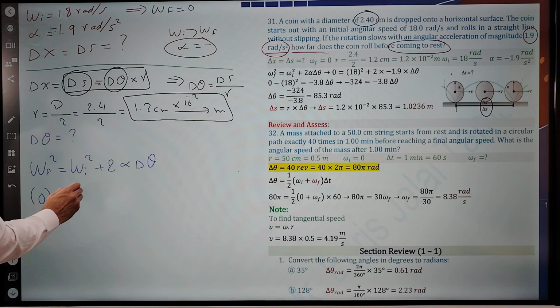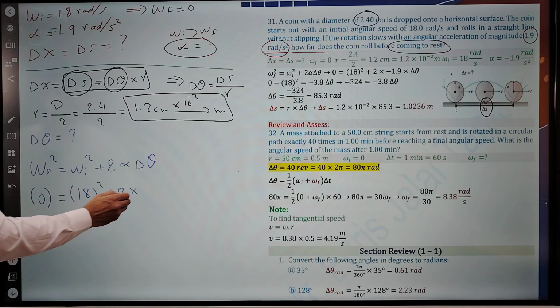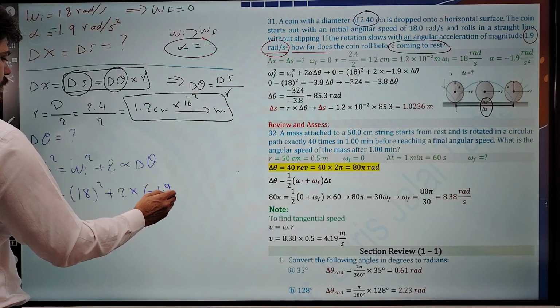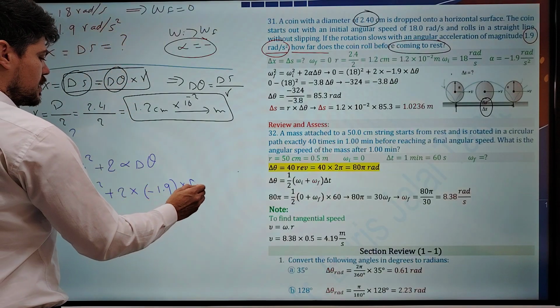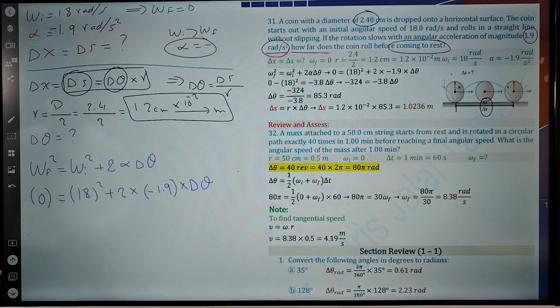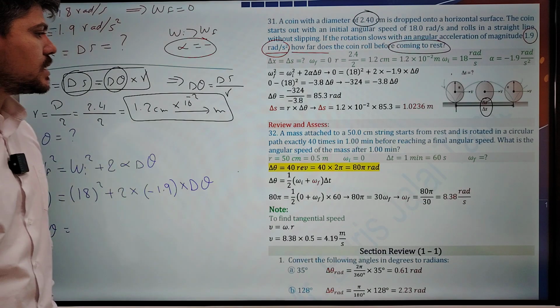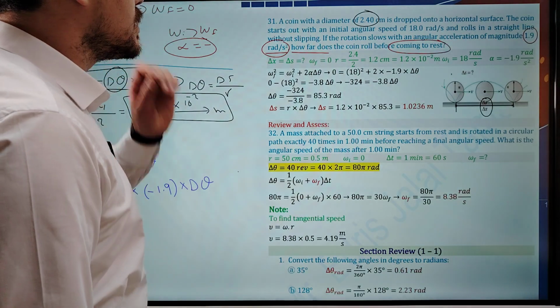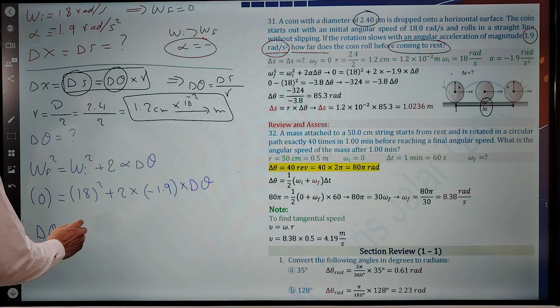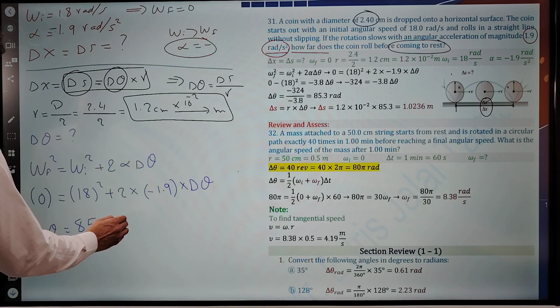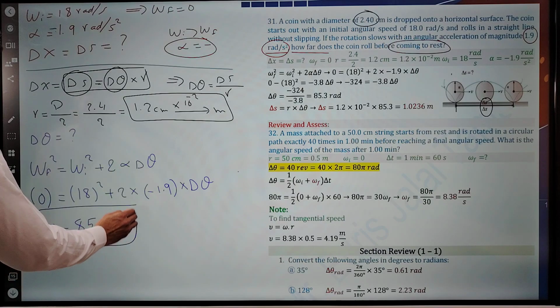Omega initial is 18 squared, plus 2 times alpha, which was given as negative 1.9. Why negative? Because slowing down. Times delta theta, which is unknown. If you rearrange the equation, square 18 and take it to the other side, and rearrange according to math basics, theta is equal to 85.3 rad. This is the angular displacement.